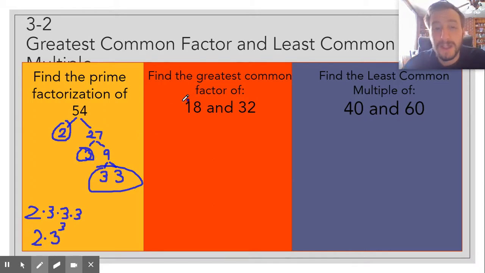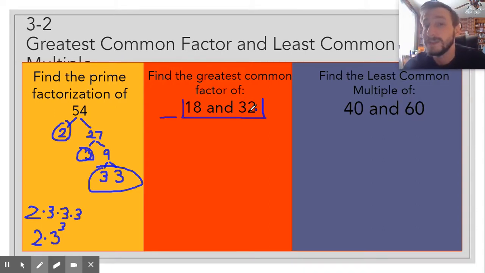So the way we do the ladder method is you draw a little ladder rung, or a U, around 18 and 32. And what we want to do is find a number that evenly divides into both 18 and 32. Because with the greatest common factor, we want to find what's the biggest number that 18 and 32 have in common that can divide into both.